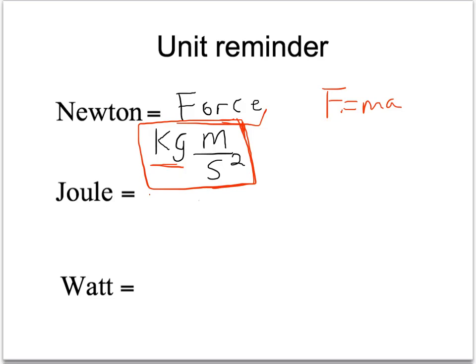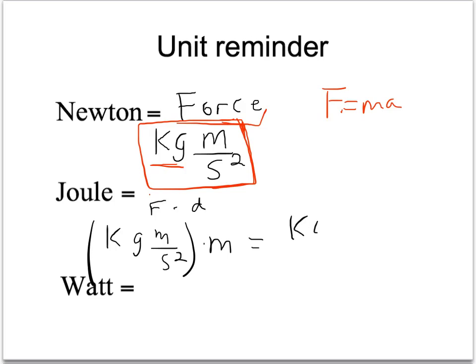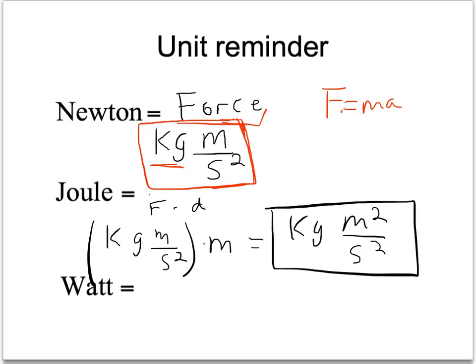Now a joule is, as you learned from work, just a force times a distance. And so if we took kilogram meters per second squared and multiplied that by a distance in meters, we would get kilogram meters squared per second squared. And those are the basic units inside of a joule, kilogram meters squared per second squared.